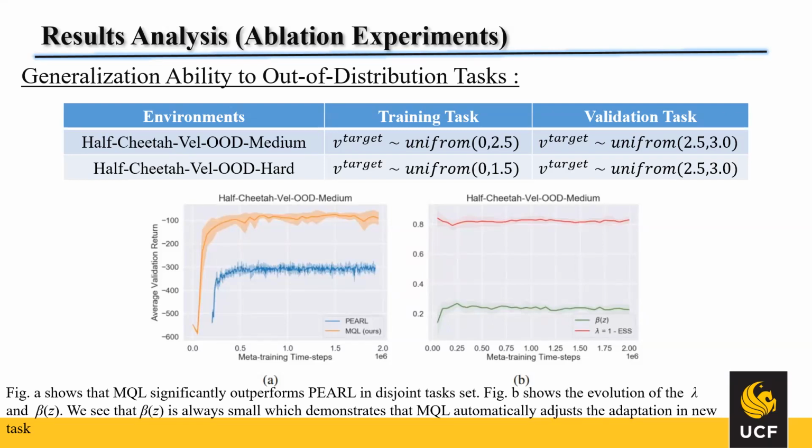For example, here, 2.5 to 3 is chosen. If we look into the result here, we can see that meta-Q learning outperforms Pearl significantly. When you look into the beta and gamma, the beta is quite low. It basically shows that MQL automatically adjusts when the adaptation is new. For a new task, MQL adapts pretty nicely.